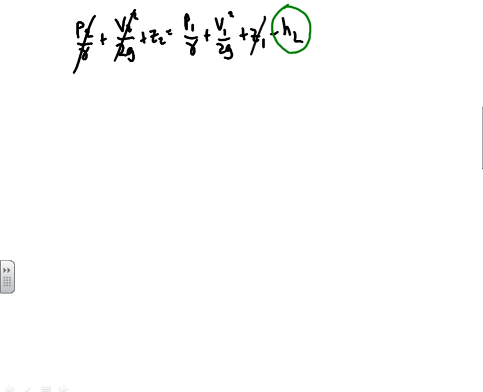The head loss term, I am able to calculate because I have my velocities and I can determine what the friction factor is in the pipe and all the losses in the components. So I'll be able to calculate that. But I'm still left here with 2 unknowns. I don't know P1 and I don't know the velocity in the pipe. To try and determine one of them, I can go back to my diagram.